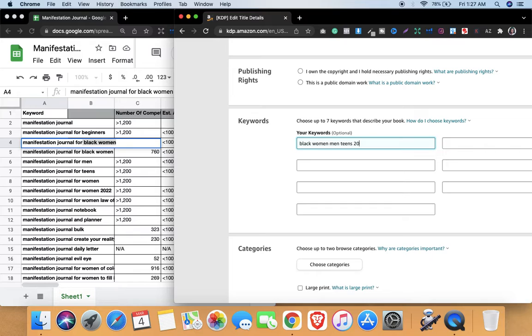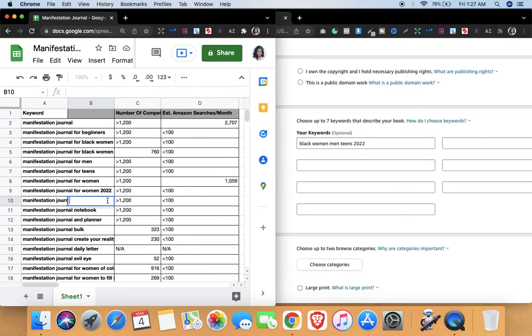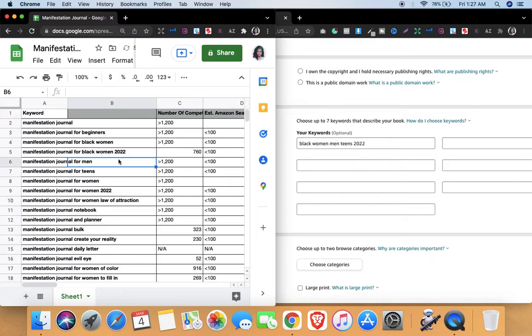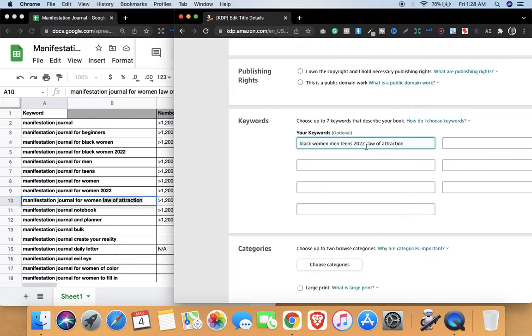2022. What is this? Let me see. Law of attraction. Okay, so I will simply copy it, or write it simply: law of attraction. Then notebook, so I will put notebook. Then planner, I will put planner. Bulk, it is not relevant, so obviously I will not use it. Create your reality.